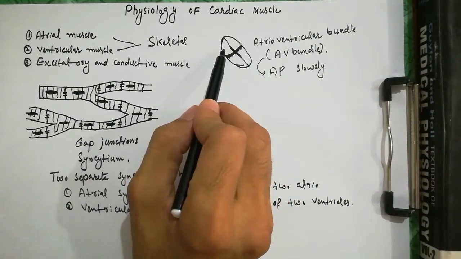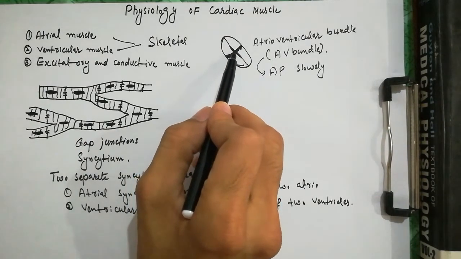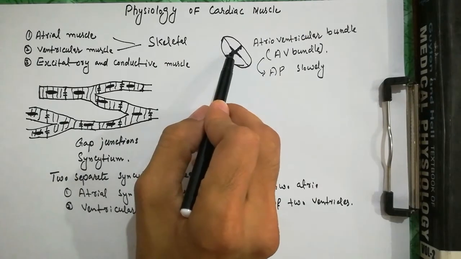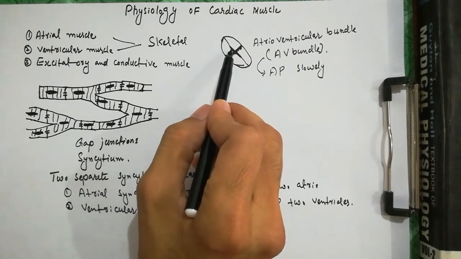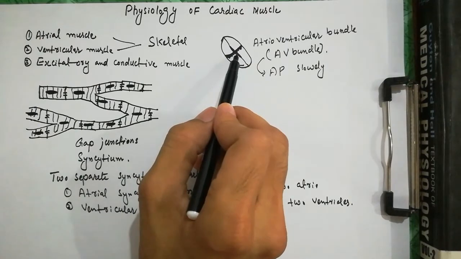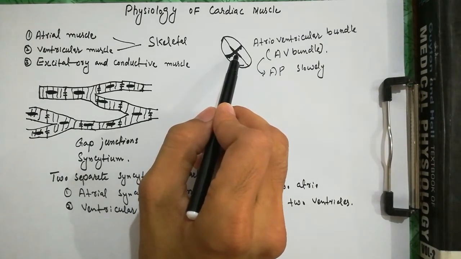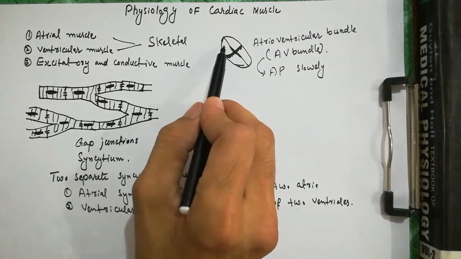This slow conduction is important because when action potential travels slowly through the AV bundle, there is a time duration, and during this time the atria must contract.